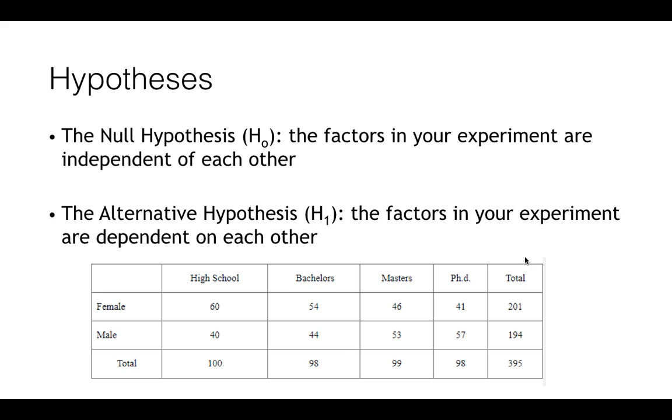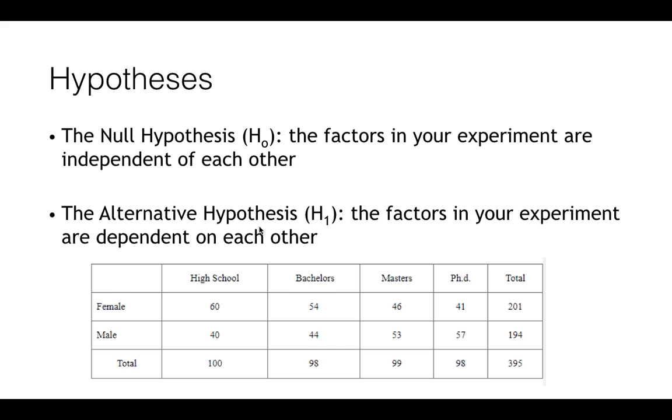So if I was going to write this for my current example, I would say my null hypothesis is that the level of education you receive is independent, that means not affected by, your gender.